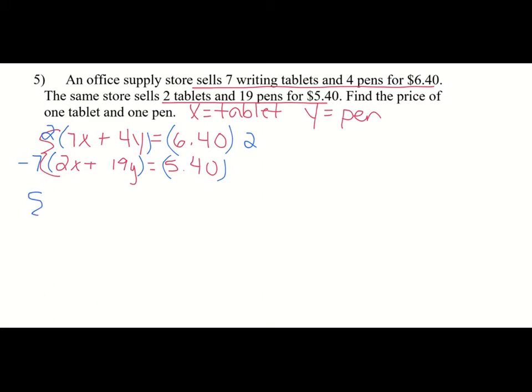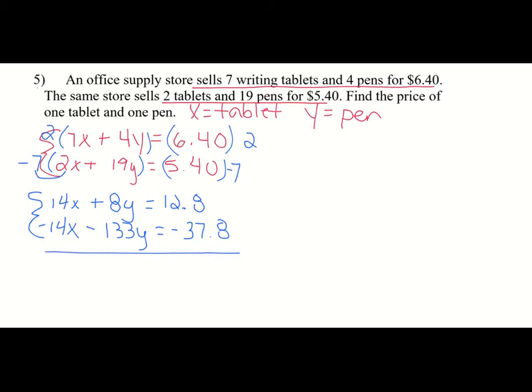My 2 new equations are 14x plus 8y equals 12.8, and then negative 14x minus 133y equals negative 37.8.